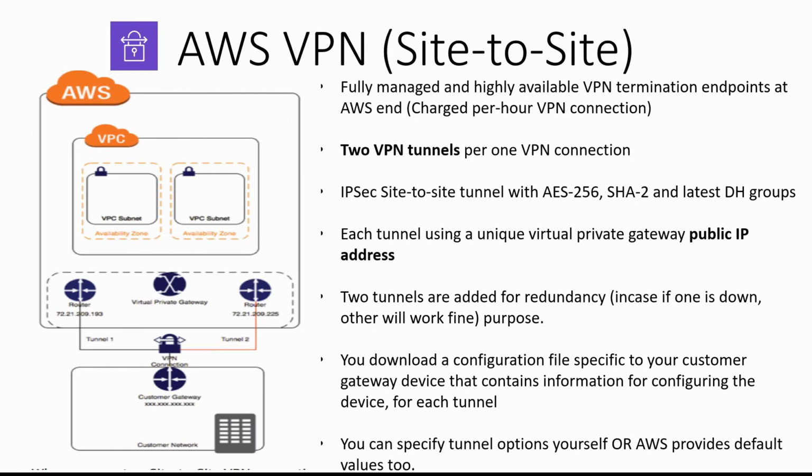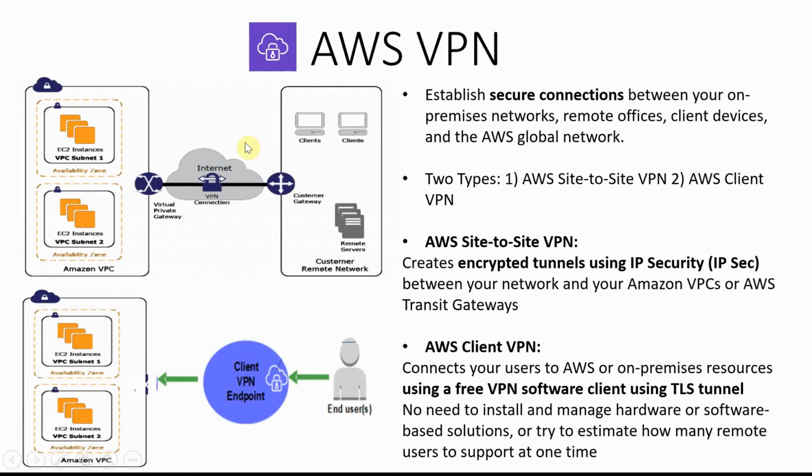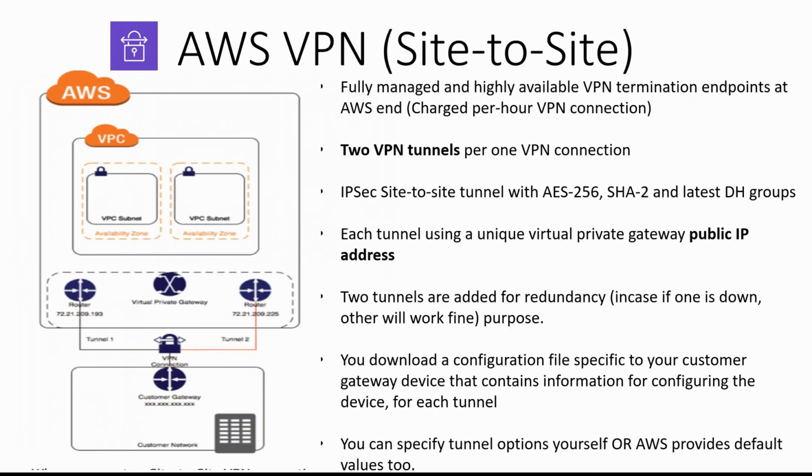Right, so the next one: let's go more into the VPN site-to-site scenario. This is a horizontal diagram, but imagine it is slightly upside down. This is the AWS network, and this is the customer network. What is happening here is the same diagram where we have a VPC and the subnet. The VPC is here, and the virtual private gateway and customer gateway are both there.